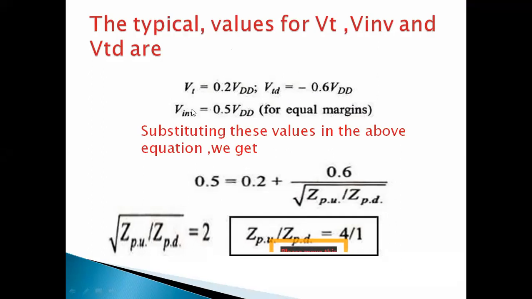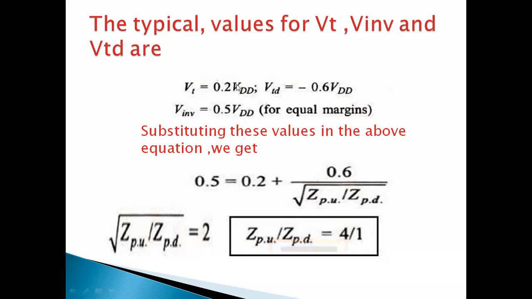And V inverse equals 0.5 VDD. These are the assumptions, the typical values, that we have to take.